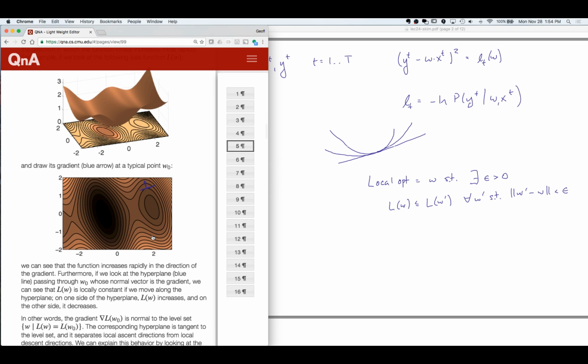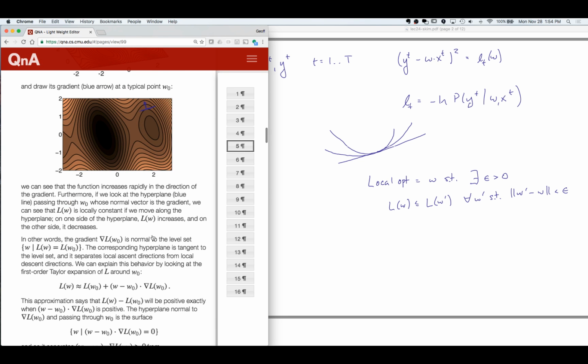And if you define the level set to be the set of points where L of w equals L of w0, and if you define the Taylor expansion of L, which is this, L of w0 plus w minus w0 dot the gradient at w0, you can explain this behavior, right?